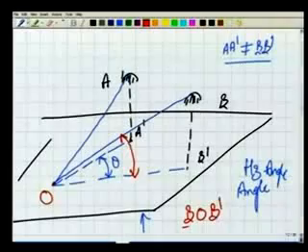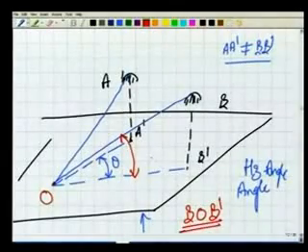BOB dash is the vertical angle, and as is seen in the diagram, this is an angle which is in the vertical plane. So always we measure the vertical angle from the horizontal surface or a horizontal line, and that's our vertical angle. So we should keep these things always in our mind whenever we are talking about the angles.